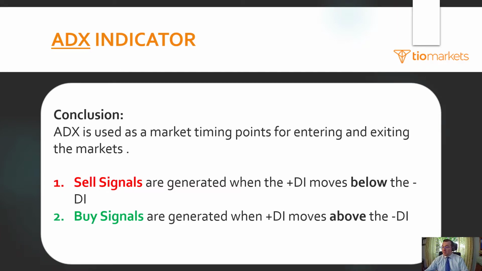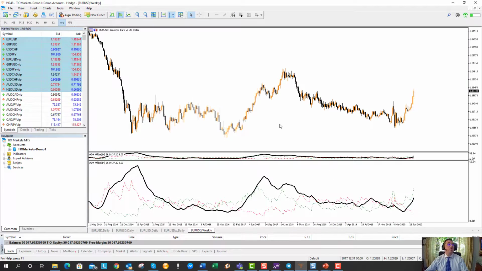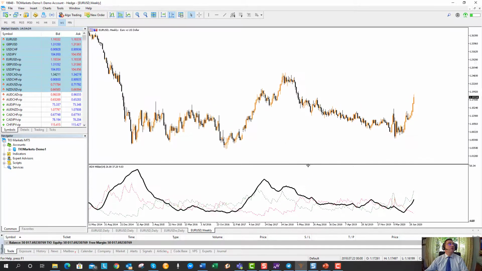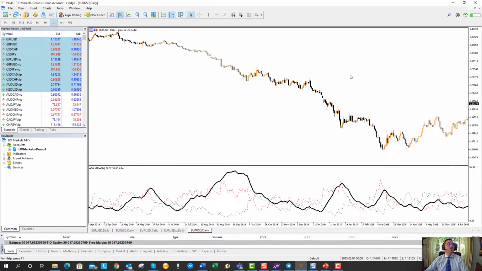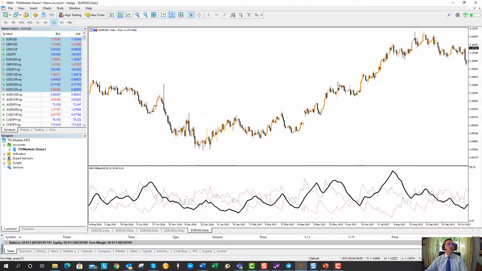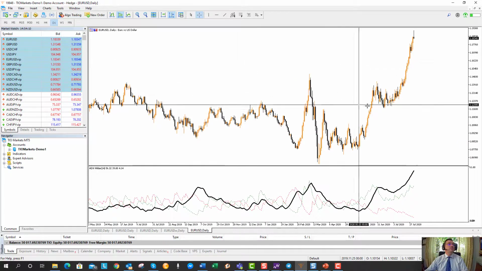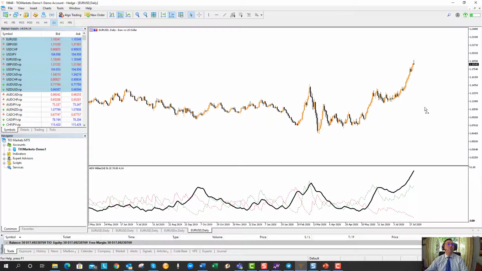So, let's go into the chart. Quickly, let's delete this indicator here. Let's look at a daily chart on euro dollar, where we are now, and we can see here that prices are trending higher.